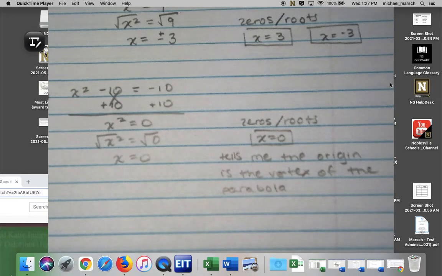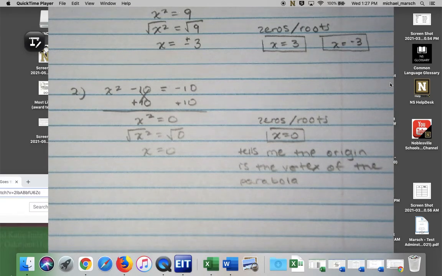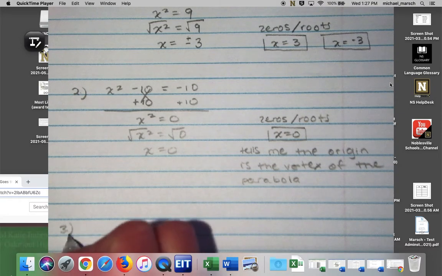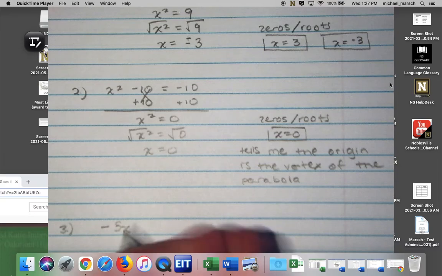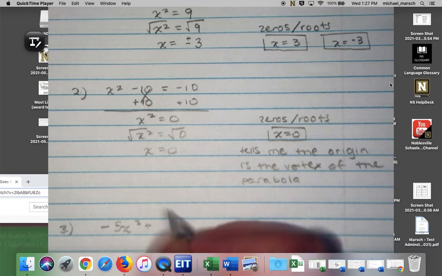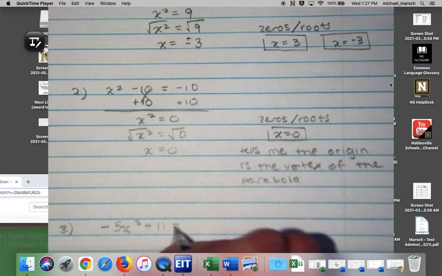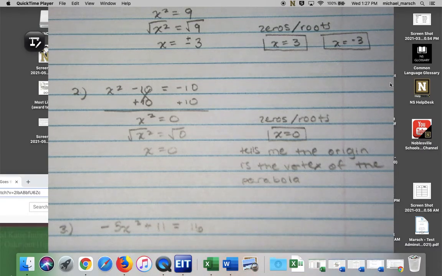All right. How are we feeling so far? Not terrible, right? All right, number 3. We have negative 5x squared plus 11 equals 16.